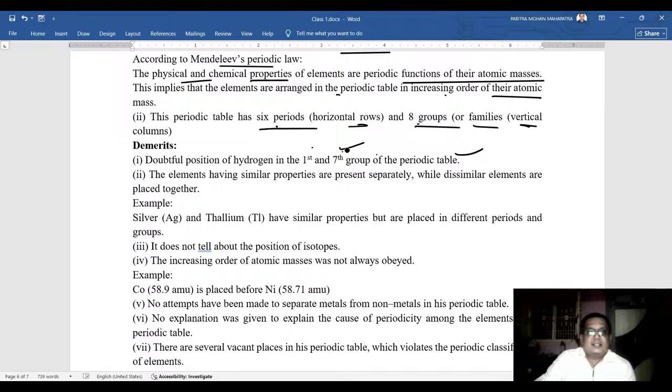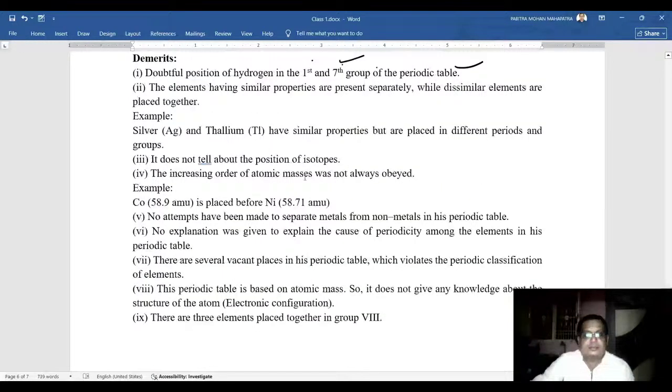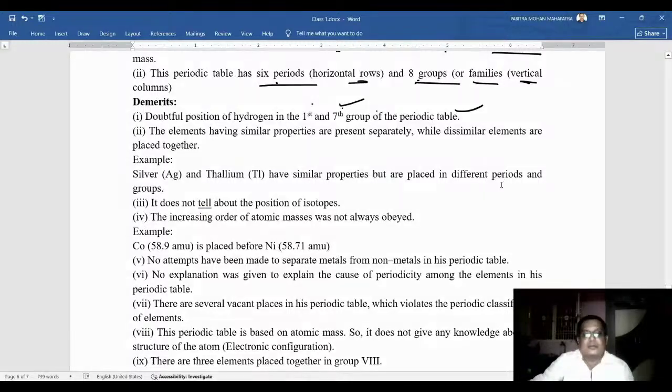What is the main aim of the classification of elements? Similar elements are placed in a particular place, and dissimilar elements are placed in another place, separate from each other. But some elements have similar properties yet are placed in different periods and groups.